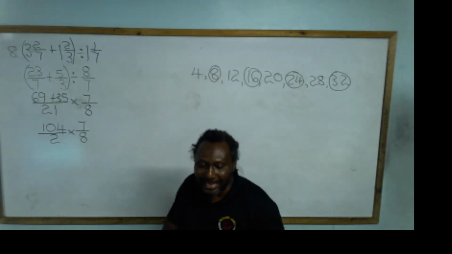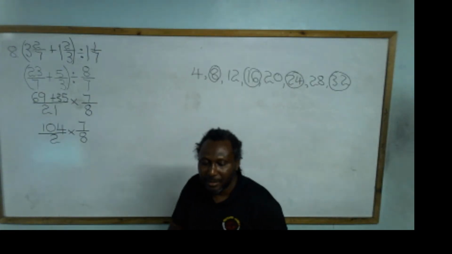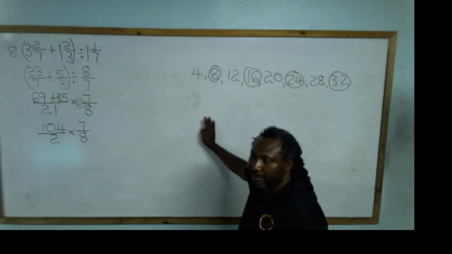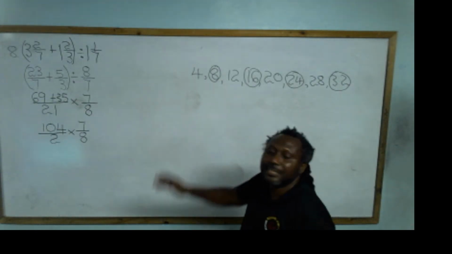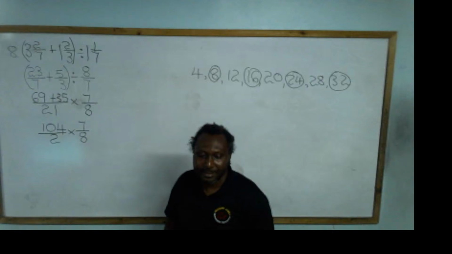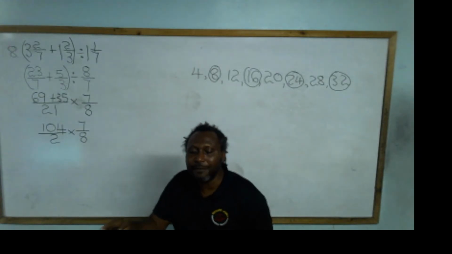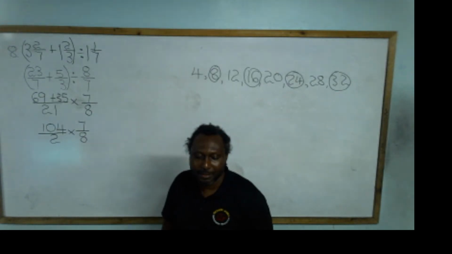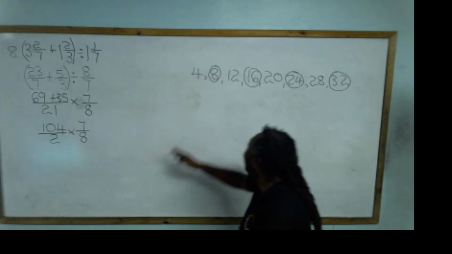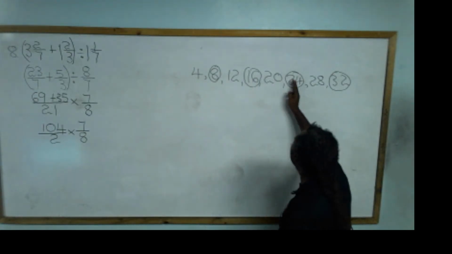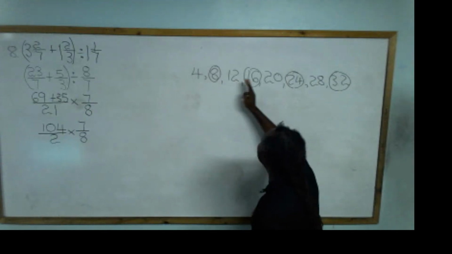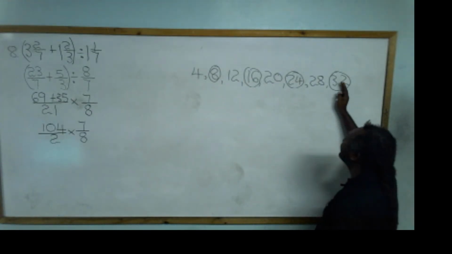So if you land on a number that is divisible by 4, but it is not divisible by 8, it means that the one that follows after it is divisible by 8. Because every other one is divisible by 8.